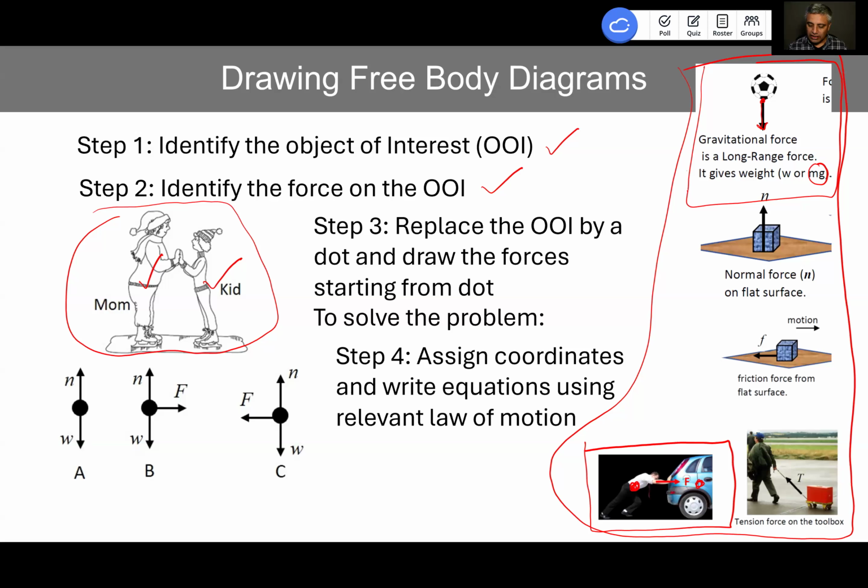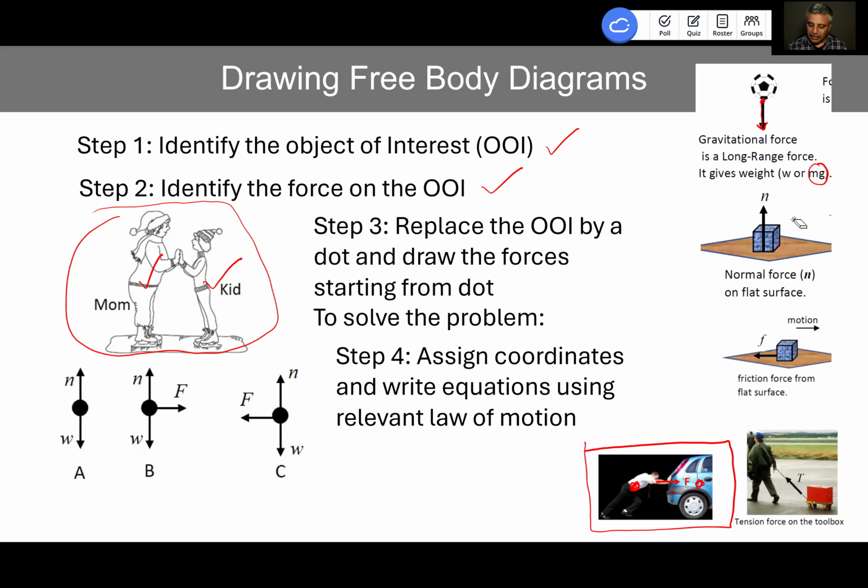That's the only long range force, and it's always there when you are drawing a free body diagram, unless we are talking about an object in space where gravitational force is negligible. Most likely we're going to be talking about objects near the Earth, so it's always going to be there. So your free body diagram should always have that there.